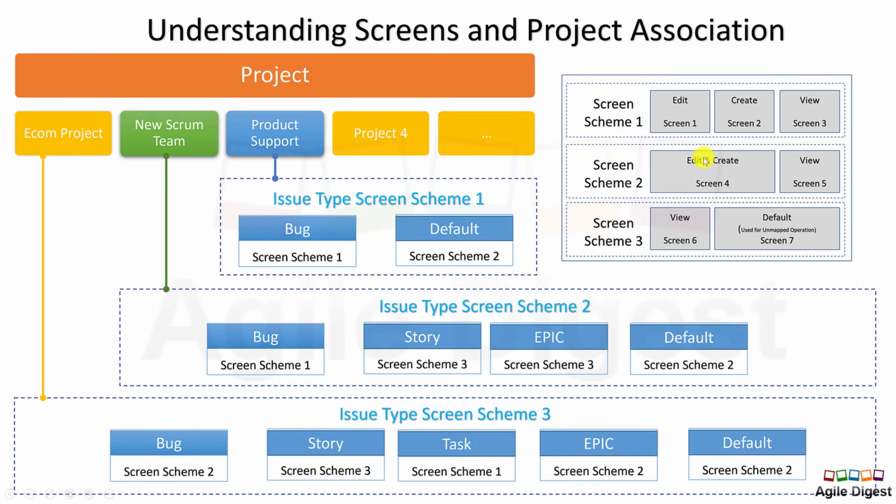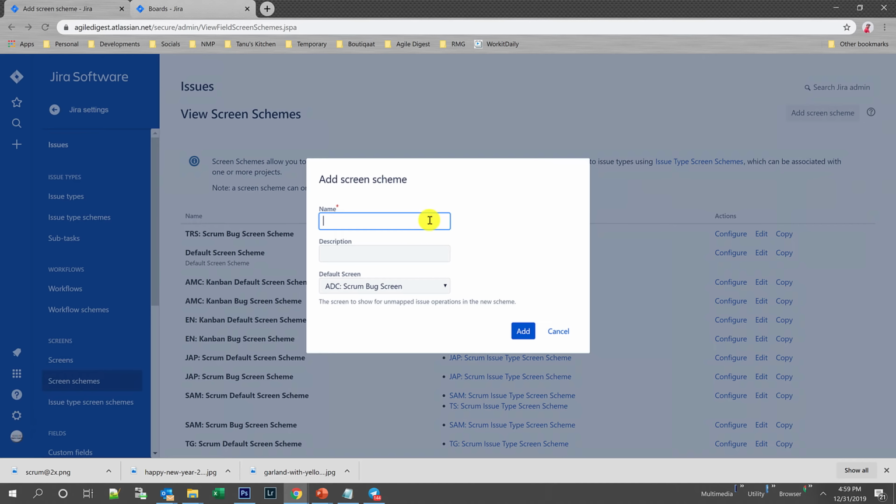So, we just need this for user story. So, I will be creating new gen user story. New gen I am just giving it, so that I can identify later which schemes I have created, because there will be lots of schemes you will be noticing in your Jira for your organization when we will be administrating.